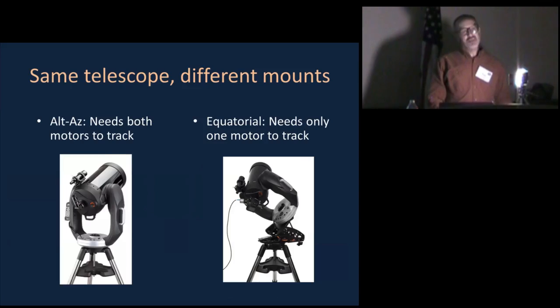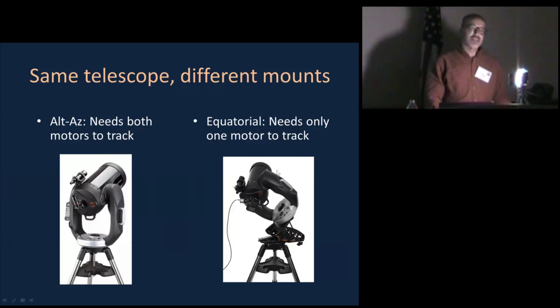You can have the same telescope, but put it on different mounts. So this is one of those common 8-inch Cassegrain telescopes. On the left, that's an alt-az mount. You can see that the bottom base is parallel to the ground, and the other axis is pointing straight out of the ground.